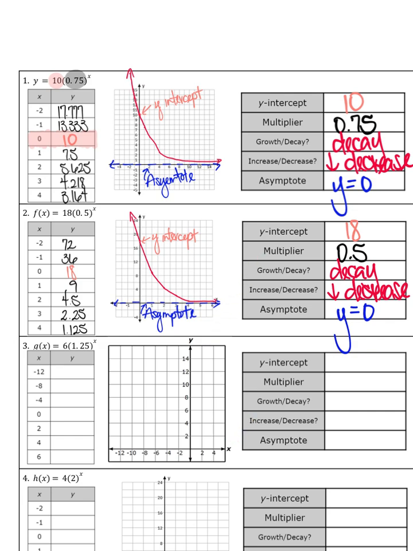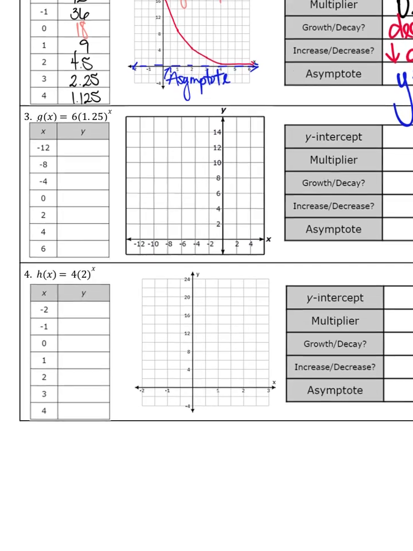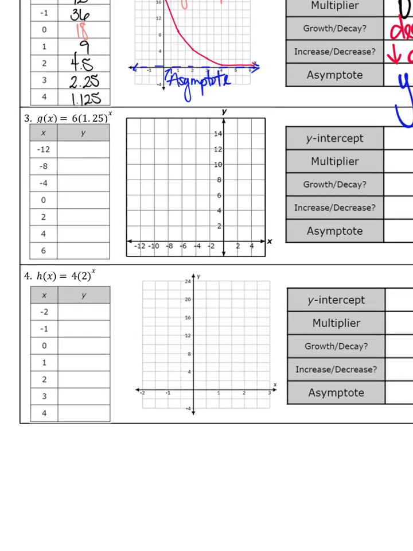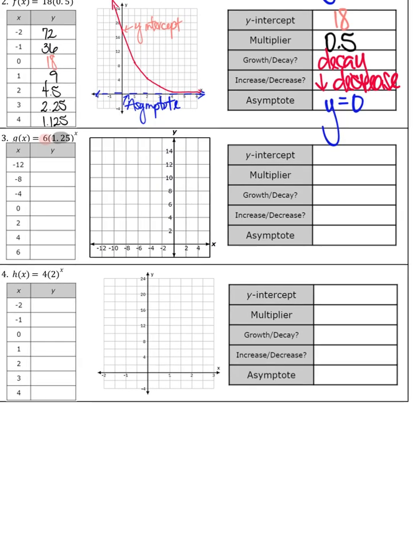Let's try one more before we move on to the next page. We have g of x is equal to 6 times 1.25 raised to the x power. We know that our y-intercept is 6. Our multiplier is 1.25. So let's go ahead and fill in our table over here. Again, we said our y-intercept is 6.